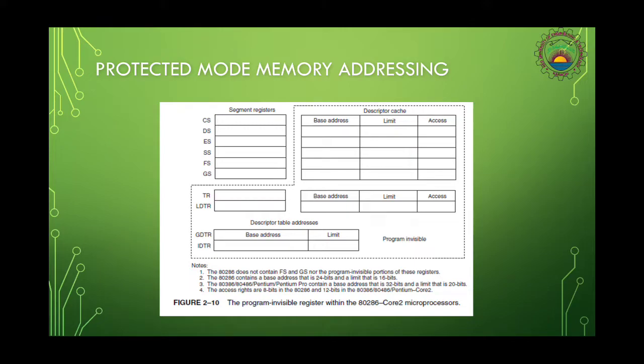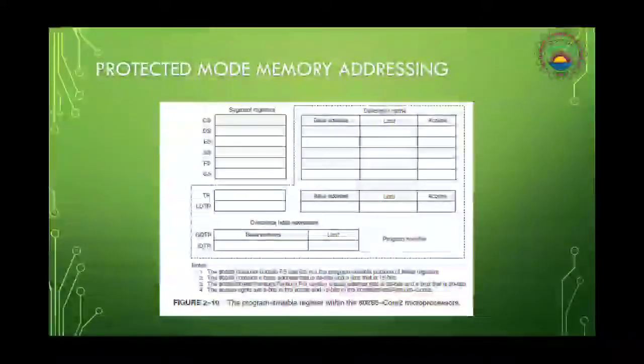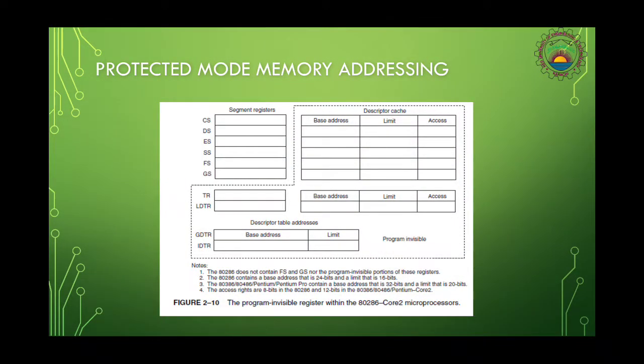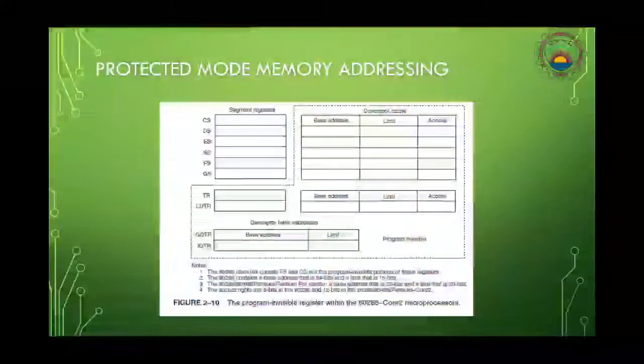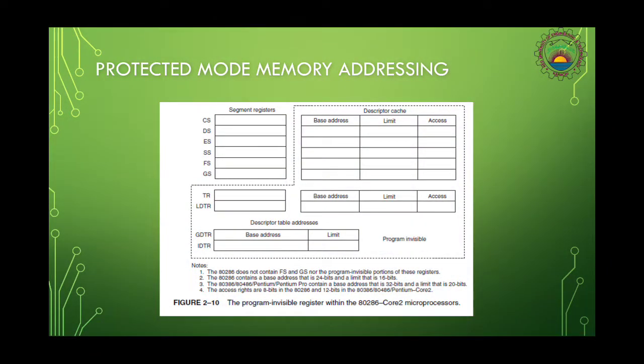In this diagram you may see that the program invisible register portion is shown. 80286 and onward processors have this portion. At the bottom, you have the GDTR, the global descriptor table register. The base address of the global descriptor table and its limit will be stored there.